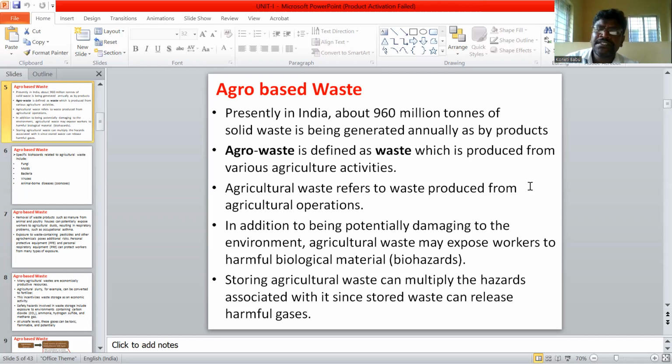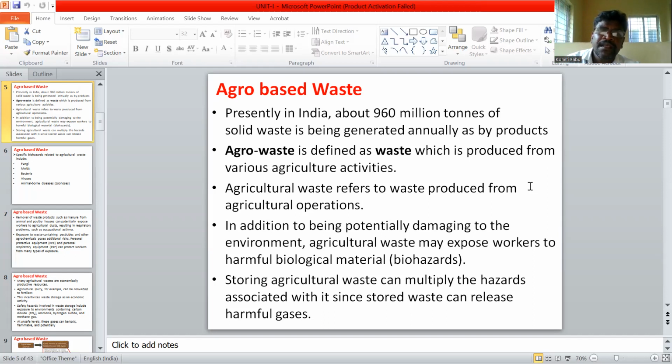In addition to being potentially damaging to the environment, agricultural waste may expose workers to harmful biological materials, that is biohazards. Biogases will be produced due to the storage of this agricultural waste. Storing agricultural waste can multiply the hazards associated with it, since stored waste can release harmful gases into the environment, mixing with the air.